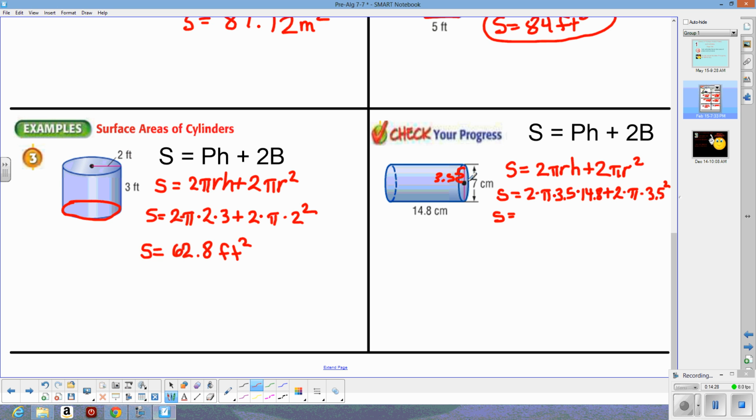So now to the nearest tenth, I get 402.438 and a whole bunch more numbers. So to the nearest tenth, that's 402 and 4/10 centimeters squared.